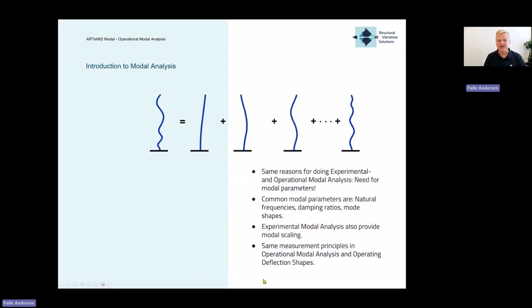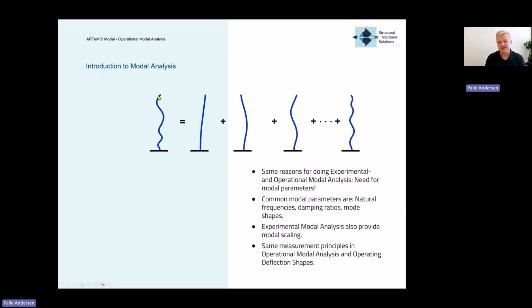As usual, I'll go through a few slides just to get everyone up to speed with what operational modal analysis is. You can consider some kind of structure that is vibrating. This is in the physical domain that we are looking at. We can put some sensors on this structure and monitor over time how the structure is vibrating in the points and directions that we are measuring.